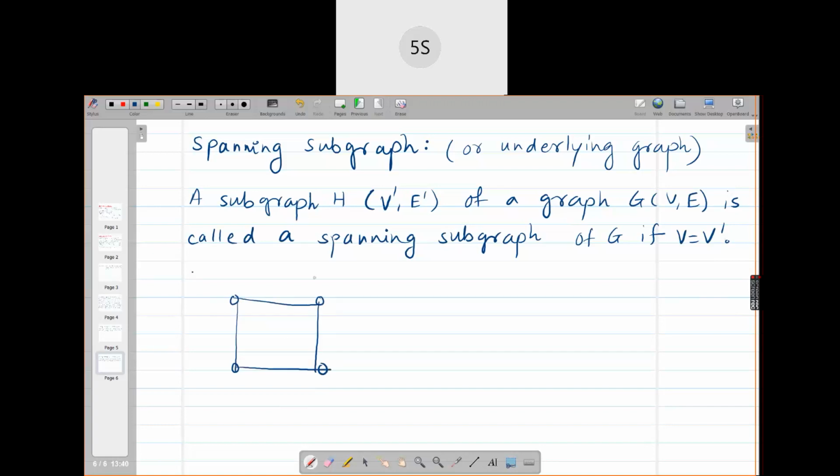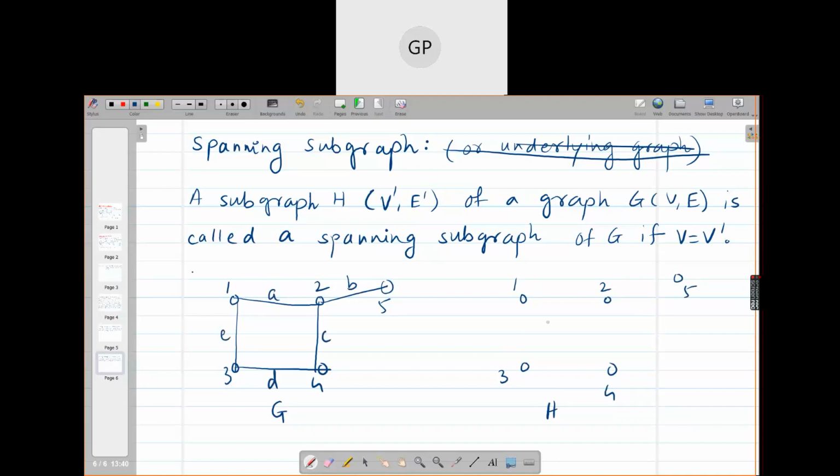ओके, सी यहाँ पे मैं क्या कर रही हूँ, मैं ऐसा एक ग्राफ ले रही हूँ 1 2 3 4 5. This is my G. I am just talking about spanning subgraph. So in my H graph, I am taking all the vertices as they are: 1, 2, 5, 3 and 4, and A, B, C, D, E. And now I am taking a few edges.